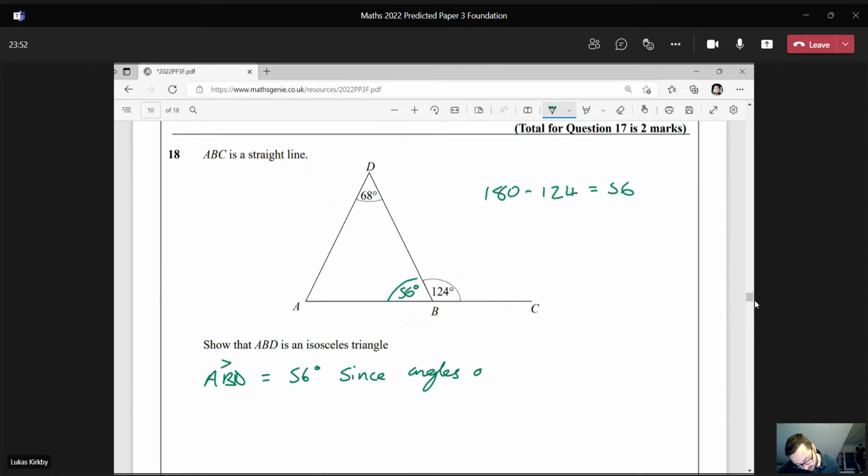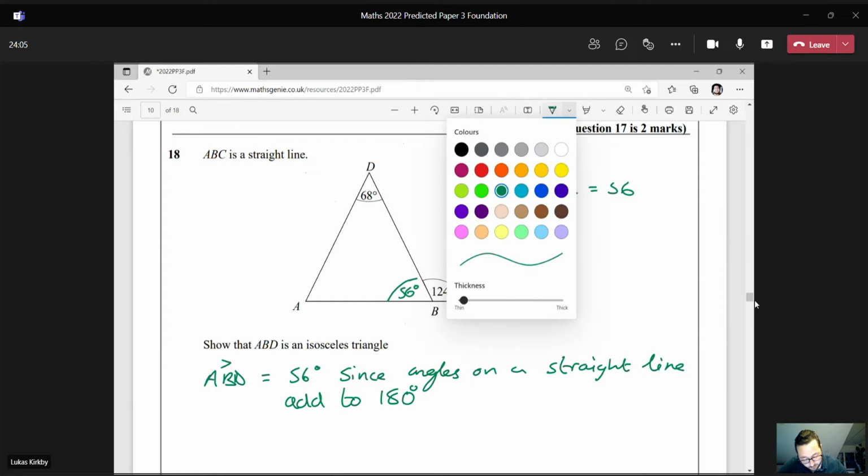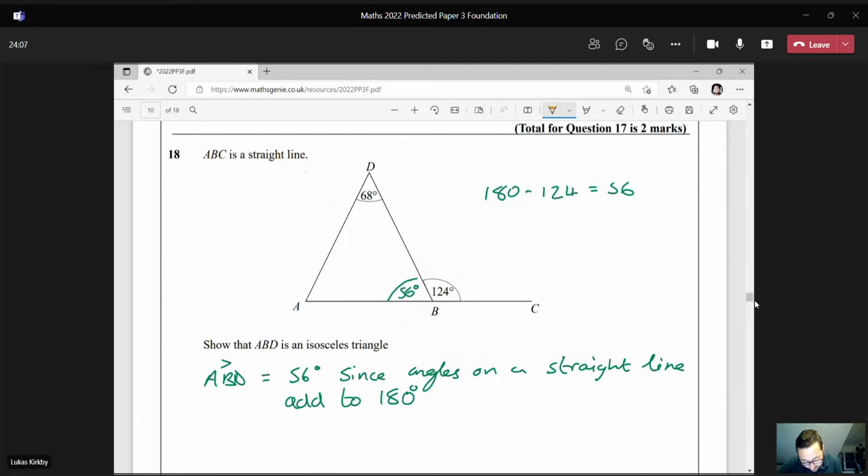angles on a straight line add to 180. Okay, and then we can use the fact that angles in a triangle add up to 180. So let's just add up what we've got so far. We've got 68 plus 56, which is 124, and then it's the same thing again, 180 minus 124 is 56.